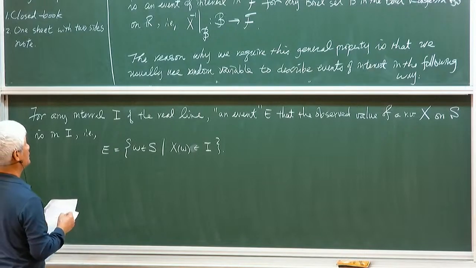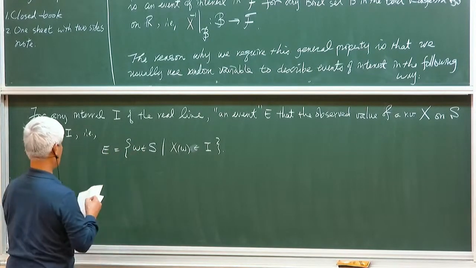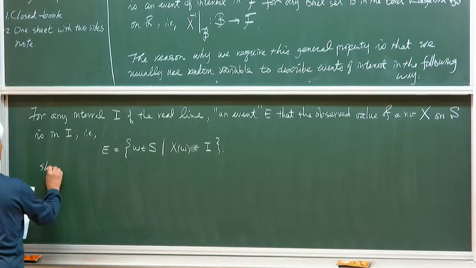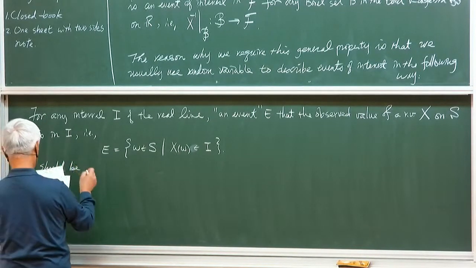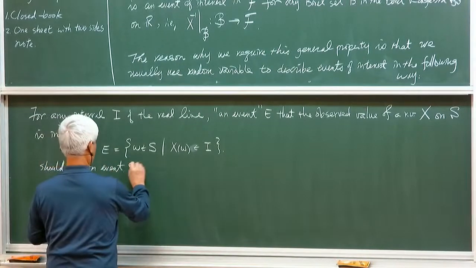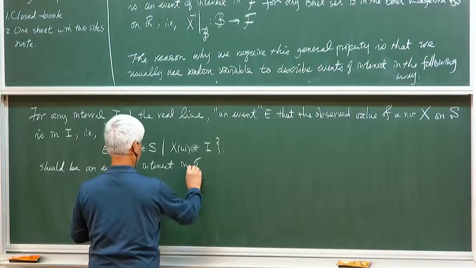Right? So we require that this subset should be an event of interest in F.